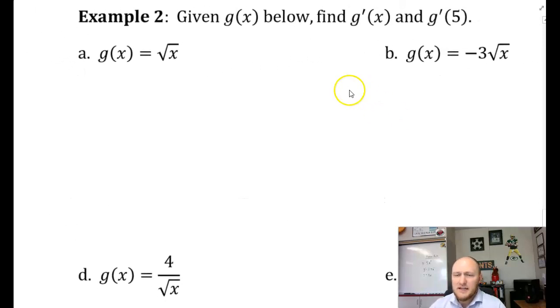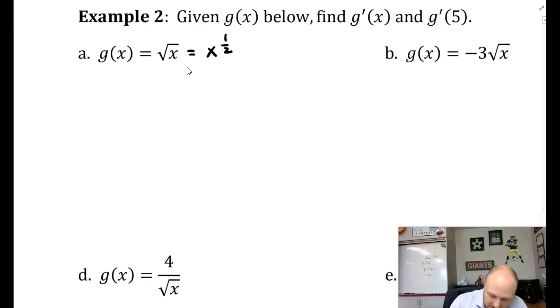All right, example A. g of x is equal to the square root of x. So this is equal to x to the power of 1/2. Now I'm going to use my power rule, and it's very simple.